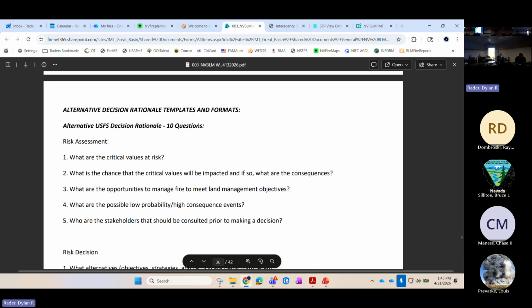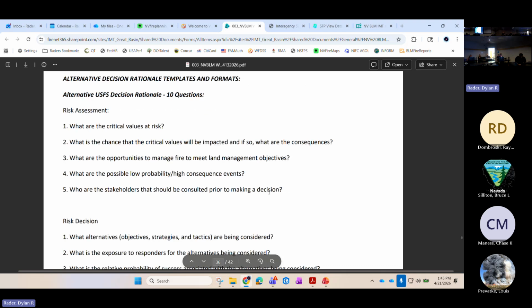There's also some other decision rationales in here. For example, the Forest Service uses 10 questions, right? They used to have a policy where within the decision rationale you had to list each of these questions. It's not so much that now. Now each of these 10 questions just has to be addressed or answered somewhere within that WFDS decision.